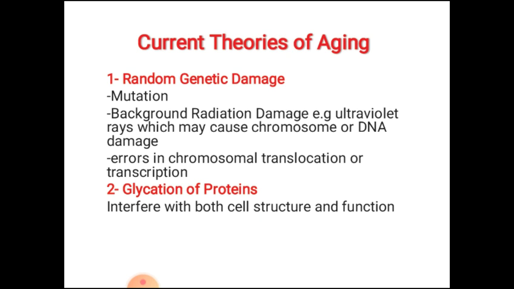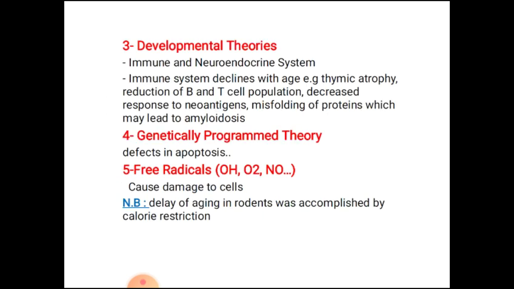One, random genetic damage or glycation of proteins. Random genetic damage is also due to mutation, meaning the causes of gene mutation related to radiation damage, ultraviolet or X-ray, which may cause chromosome or DNA damage and errors in chromosomal translocation or transcription. Number two, glycation of proteins interferes with both cell structure and function.